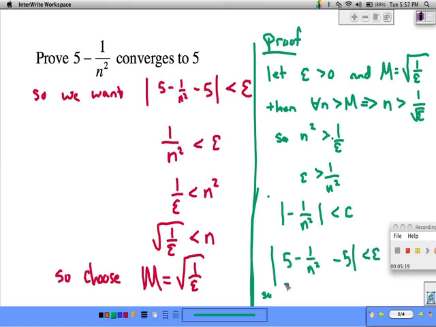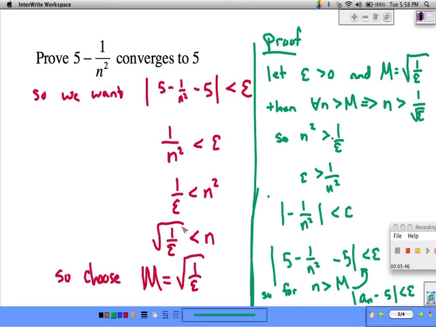So for n's greater than that m value that I found, that thing is true. The absolute value of a sub n minus 5 is less than epsilon. And that's the end of our proof.